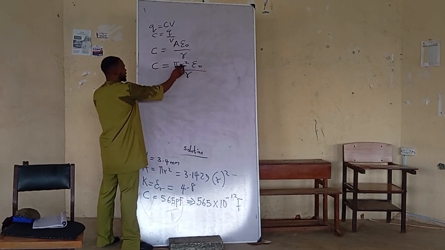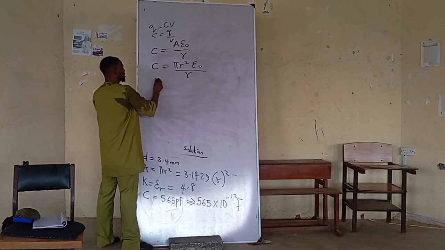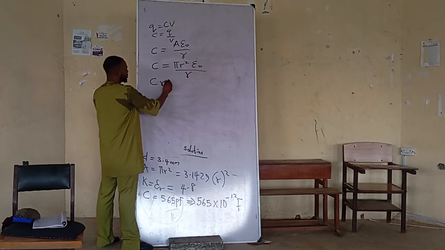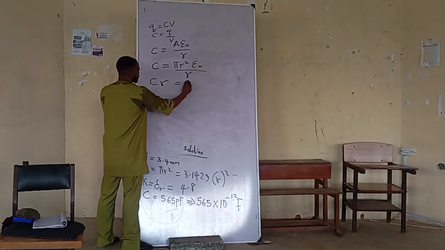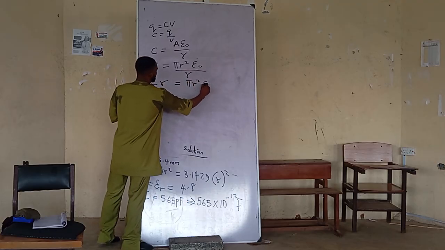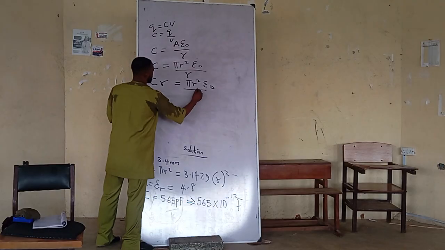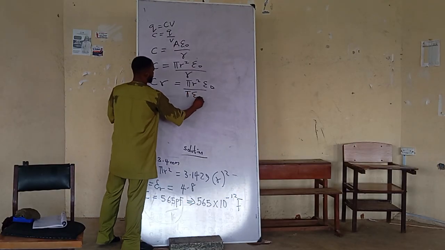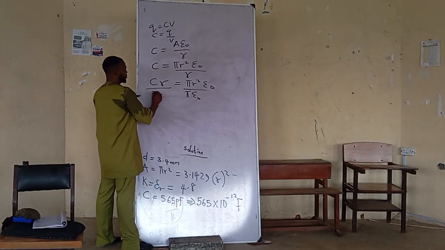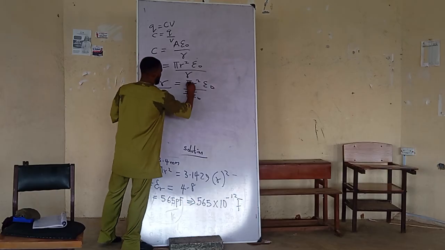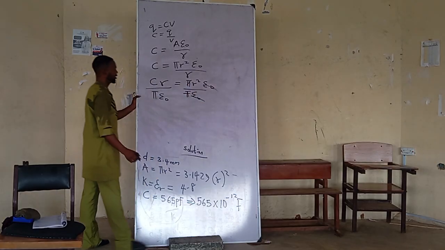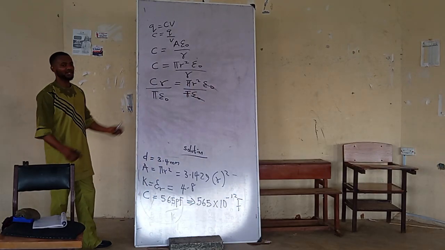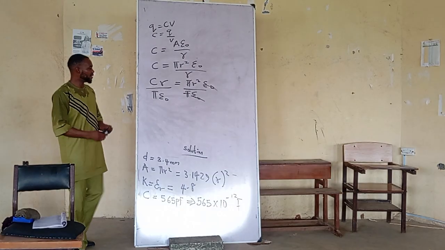I want to make r squared the subject, which is the same as saying C d equals pi r squared epsilon naught.